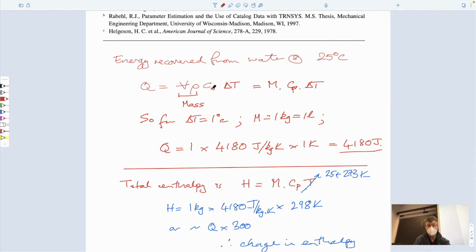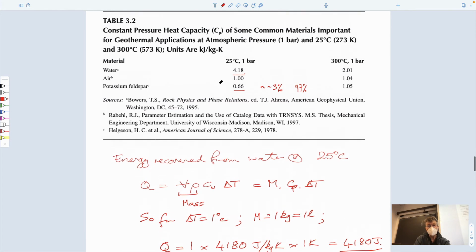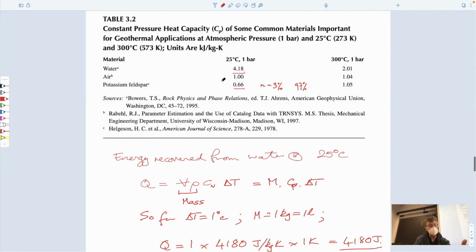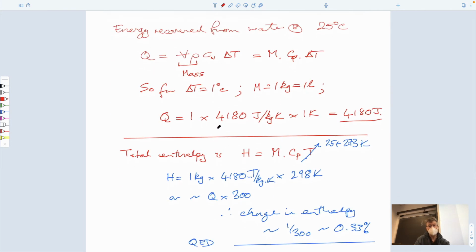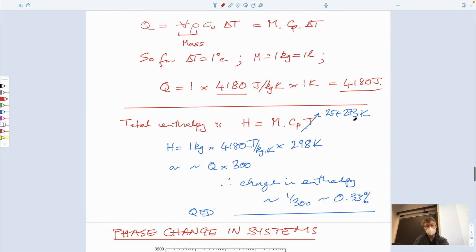If you wanted to know the energy you could get from the heat transfer fluid, so if it's water that you're bringing up to the surface to transfer the energy, then the maximum amount of energy you can get is actually going to be higher than the rock, because it's carrying it at the specific heat capacity of water. So 1 kilogram of water dropping through 1 K is going to give you 4180 joules, 4.1 kilojoules.